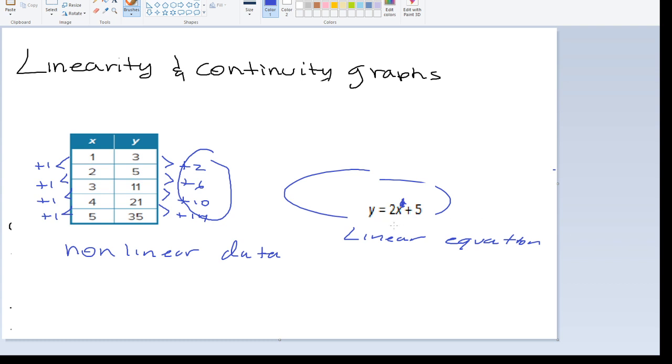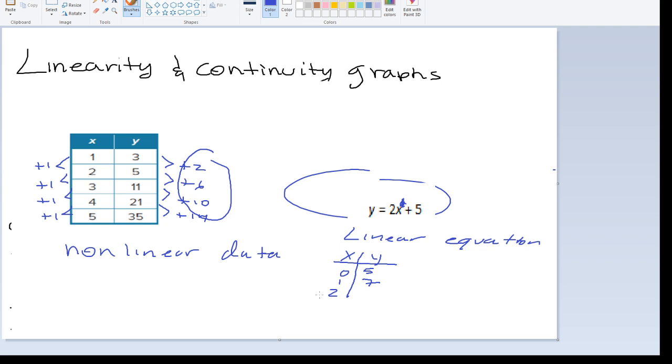That means if I was to graph this, let's make a table here. Let me show you why this is a linear model. I'm just going to choose values for x. I'll choose 0, 1, 2. Notice they're increasing by 1. If I take 0, substitute it for x, 2 times 0 is 0, plus 5 is 5. If I take 1, 2 times 1 is 2, plus 5 is 7.